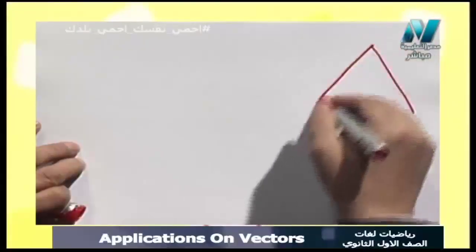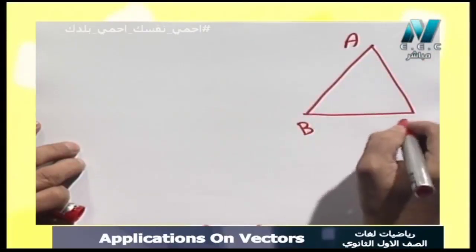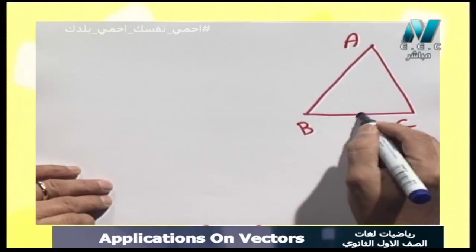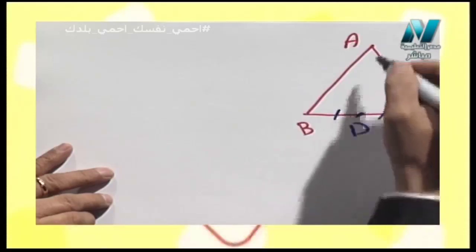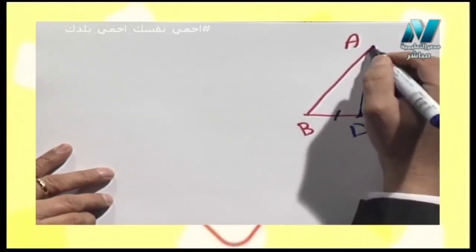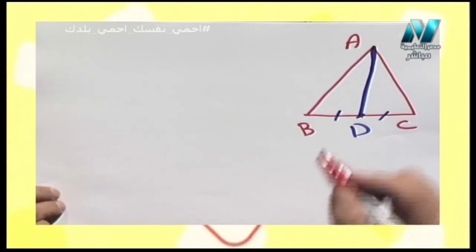If we have a triangle like that, triangle A, B, C, and we have a median. This is the midpoint here, say D, and AD here is the median. And we know about the intersection point of the medians.